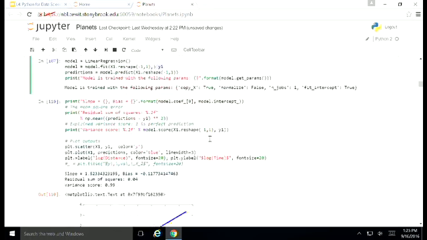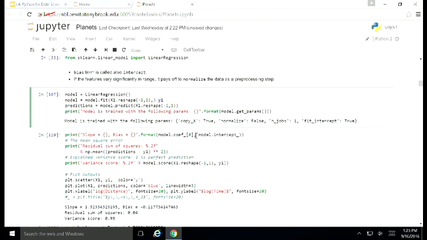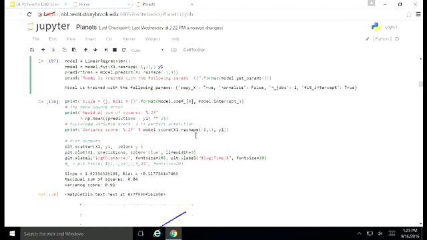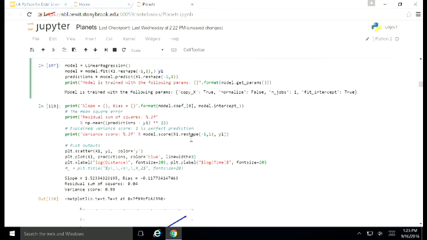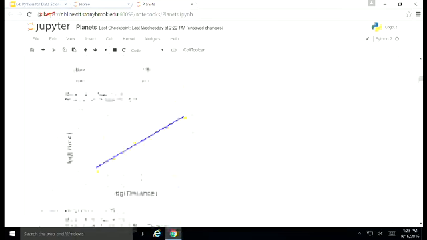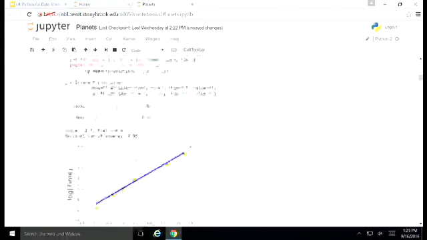Okay, any question? Log doesn't help. So we could, but this is a perfectly simple example of a straight line.